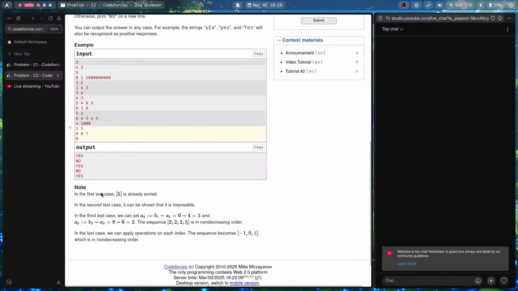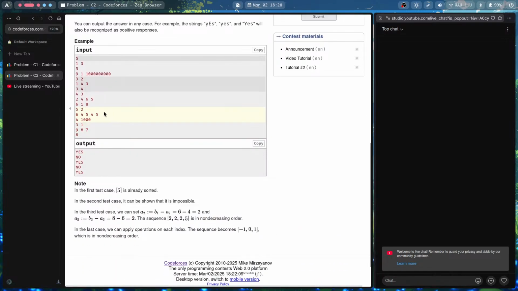Let's see how they did that. Let's go through the third test case.